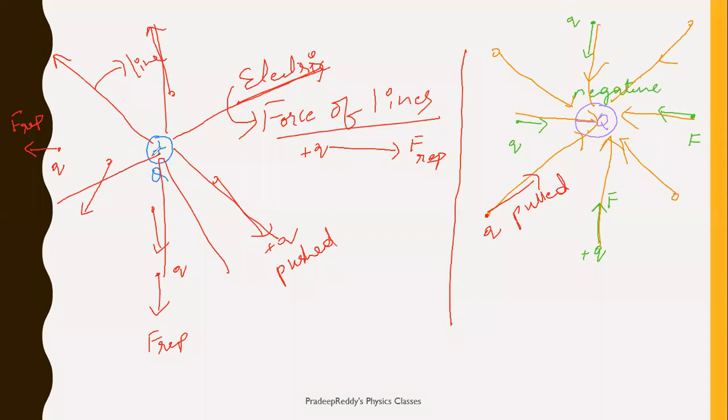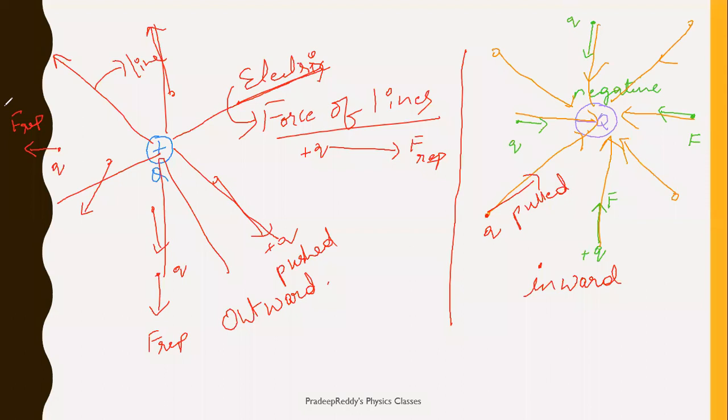In case of a positive charge, the electric lines of force are outward, whereas in case of a negative charge, the electric lines of force are inward. Here it is inward because the test charge is pulled towards the negative charge, and in this case it is outward because the test charge is pushed outward by this positive charge. That is said to be electric lines of force.